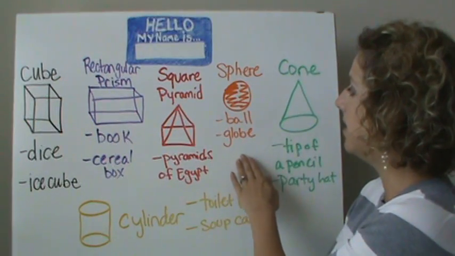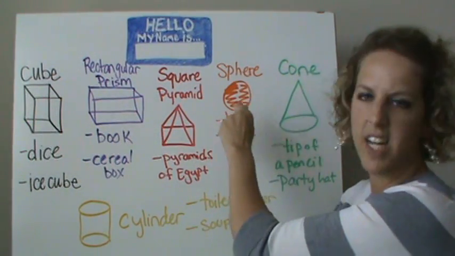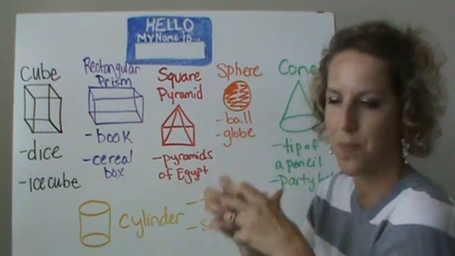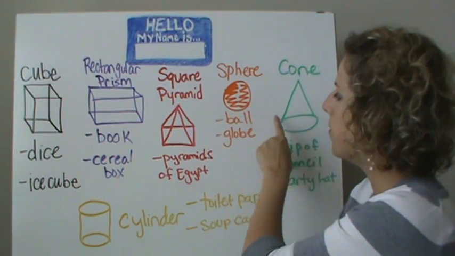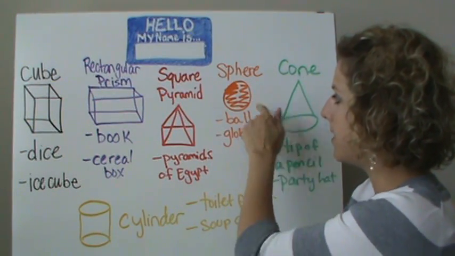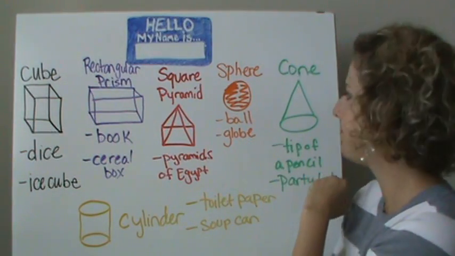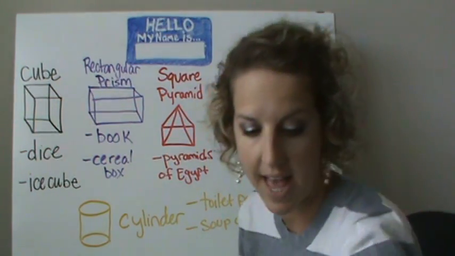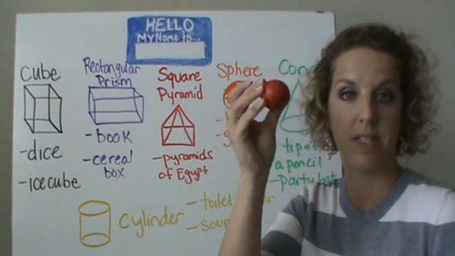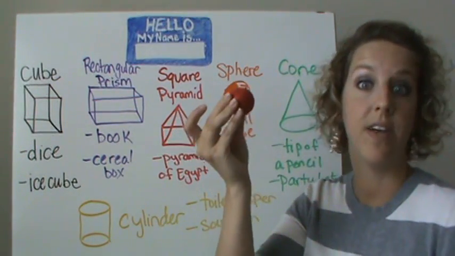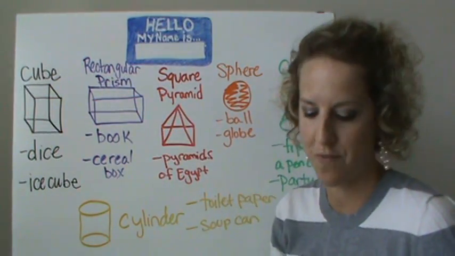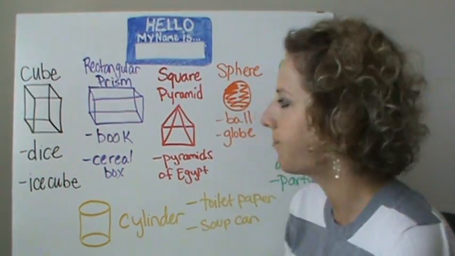A sphere, and I've colored in the inside so it'll make it look 3D. A ball would be the shape of a sphere. A globe would be in the shape of a sphere. And I found a ball in my house. I don't have kids, but I found this ball for when my niece and nephew come over to play with.